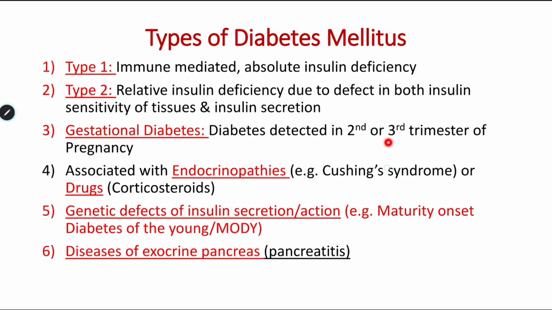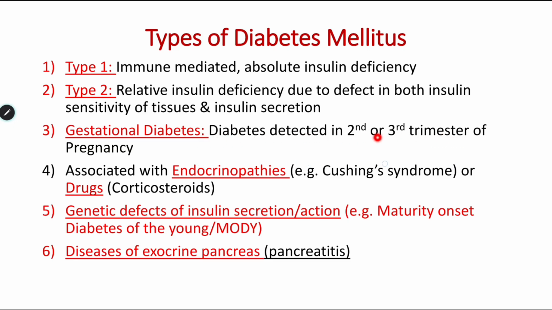There are different types of diabetes mellitus: type 1, type 2, gestational diabetes mellitus, and diabetes associated with endocrinopathies like Cushing syndrome or due to corticosteroids. So this will go away when the disorder is treated. Gestational diabetes mellitus also goes away in most cases on termination of pregnancy or delivery.